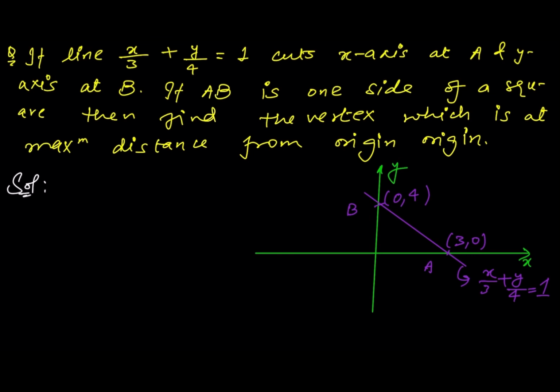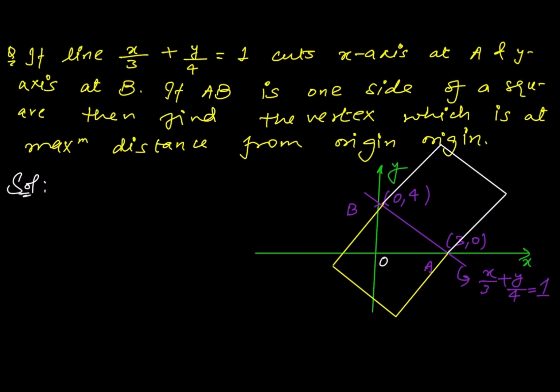If I complete a square having side AB, then there are two possibilities. One is I can draw like this or like this. But in question they are saying that we have to find a vertex on the square which is at maximum distance from origin.